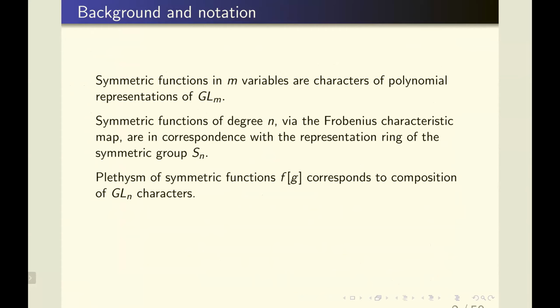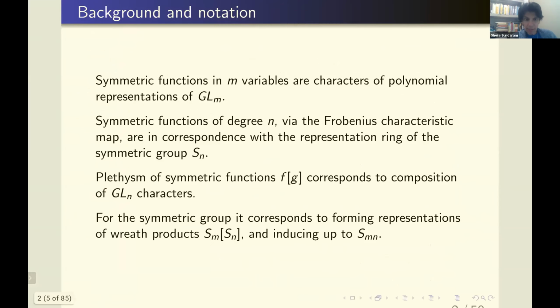Then you said something about wreath product. Oh, yes, that one. So how is this? I thought wreath product meant taking n copies of Sm and then acting by Sm. I'm sure this is hard to hear over Zoom.